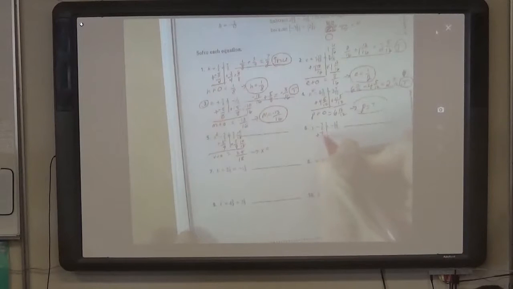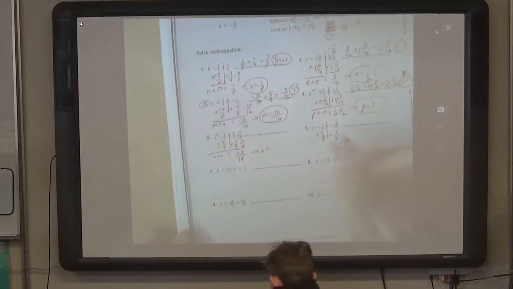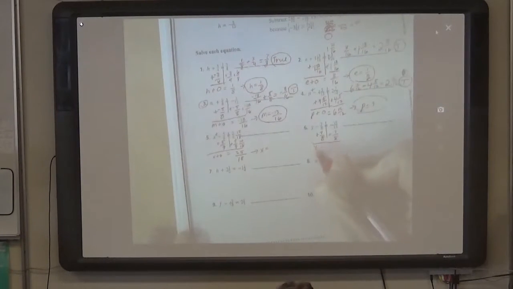Add 7 eighths to both sides. So y plus 0. Oops, you have to put a plus sign here. Back on task. You still need to finish number 5. All right, well, let's get to work.